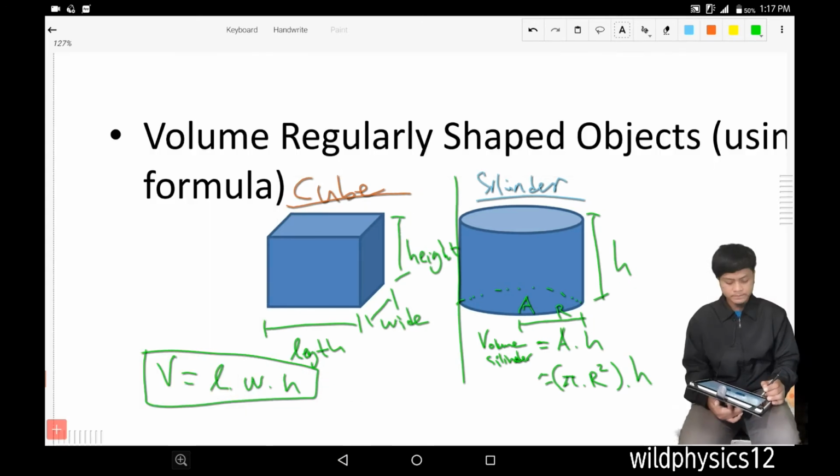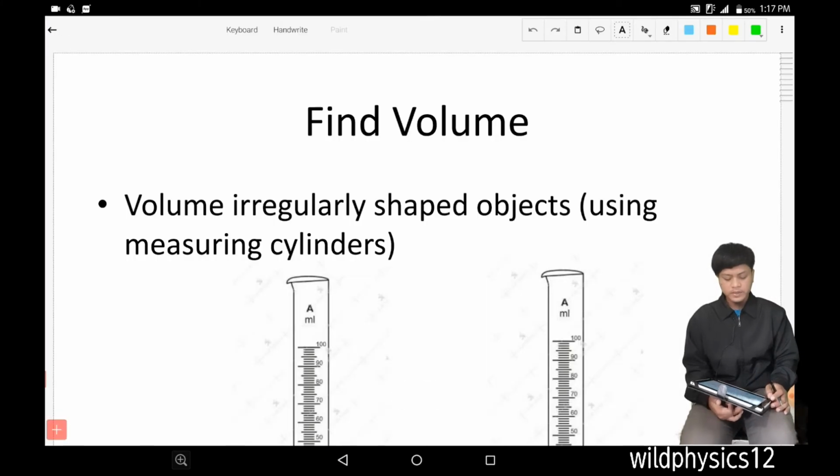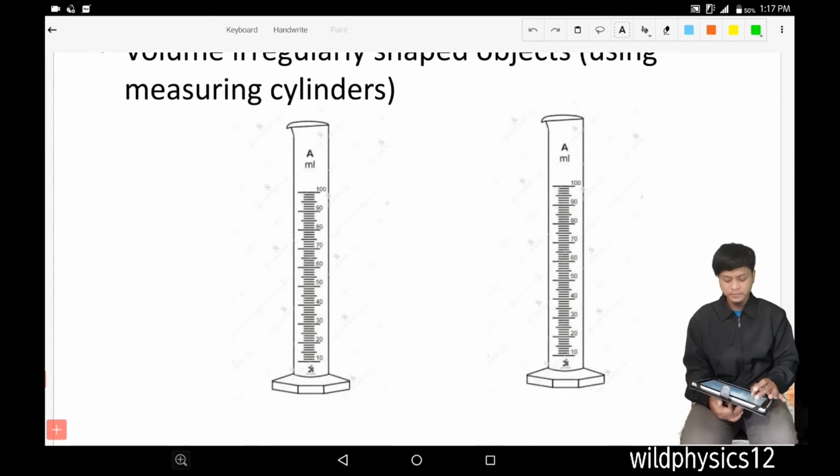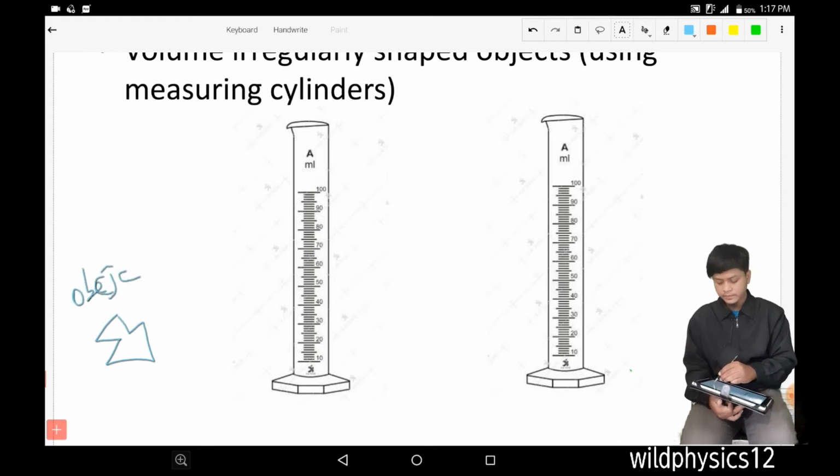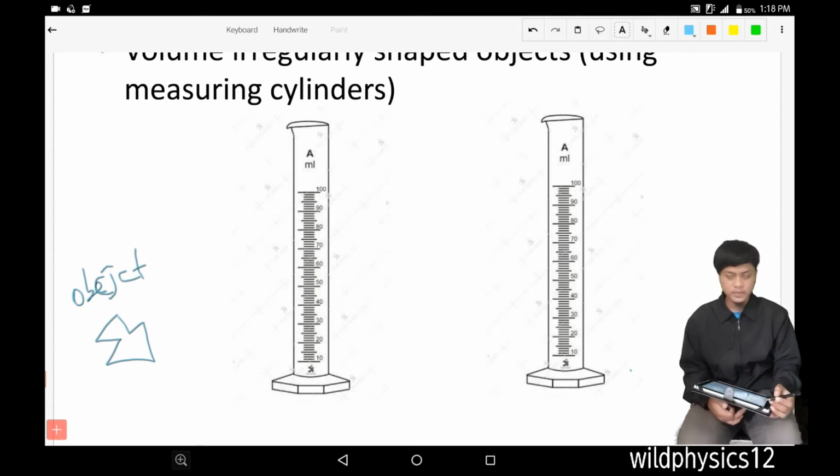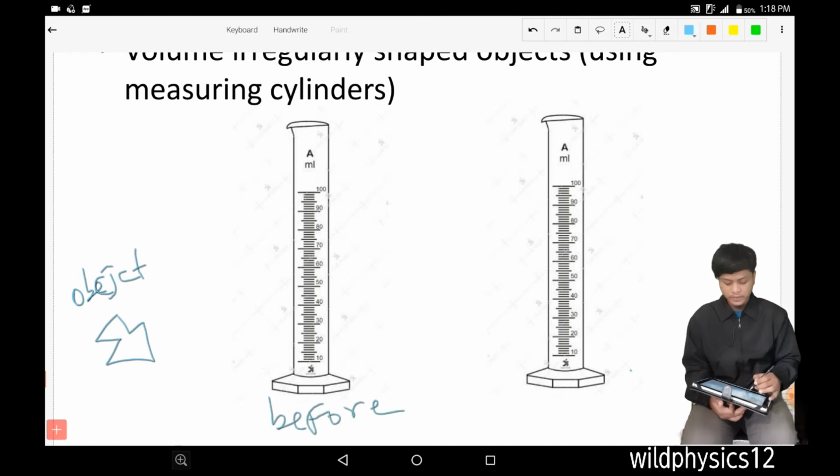Okay, what if the object is not regular, an irregularly shaped object? We can find the volume using a measuring cylinder like this. For example, if we have an irregularly shaped object just like this, we can use the measuring cylinder by measuring the condition before and after.